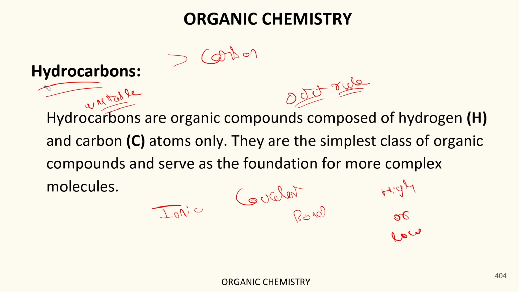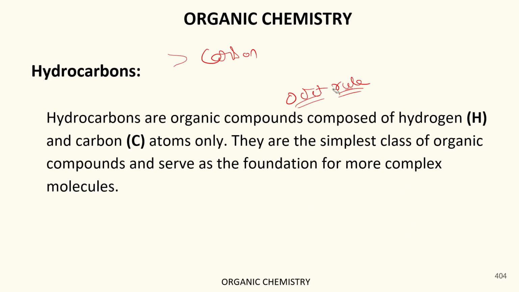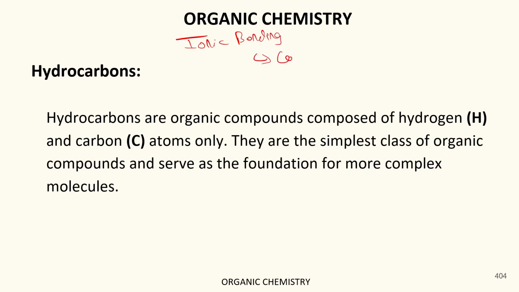Okay, so what I had told you in the previous lecture is that there are two types of bonding to balance this. First is ionic bonding, in which there is a complete transfer of electrons from one atom to another atom.